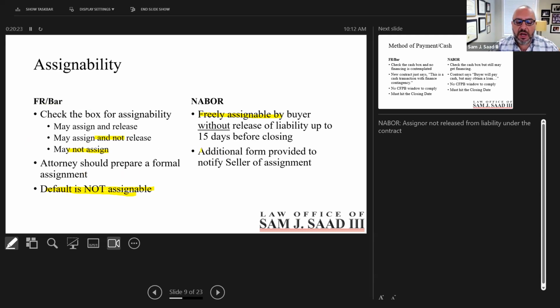Under NABOR, they provide the additional assignment form to notify the seller of the assignment. Interestingly, under the NABOR form, you don't need the seller's signature because it is in fact freely assignable up to 15 days prior to closing. If you did assign within 15 days of closing under NABOR, then you would want a formal assignment prepared by an attorney.